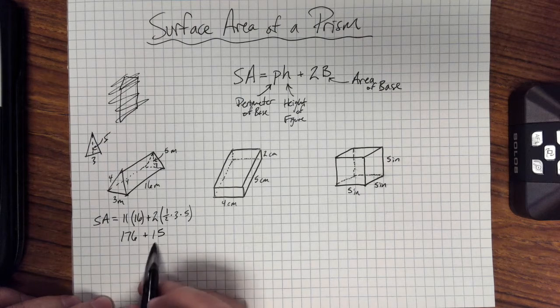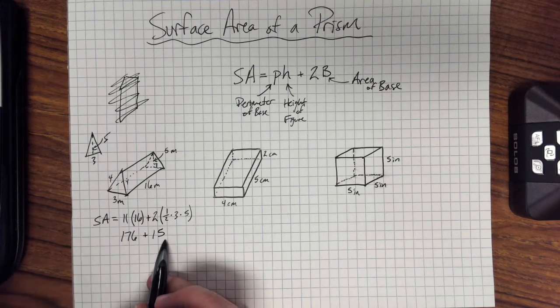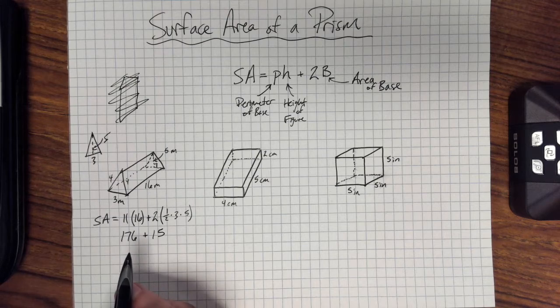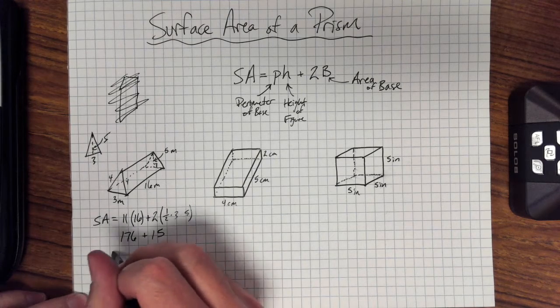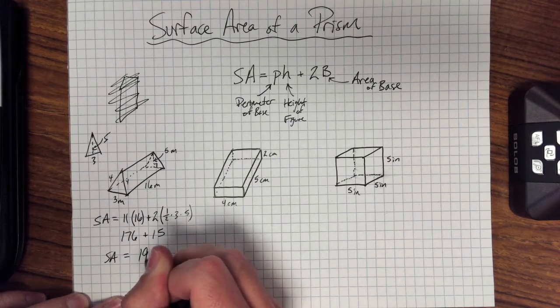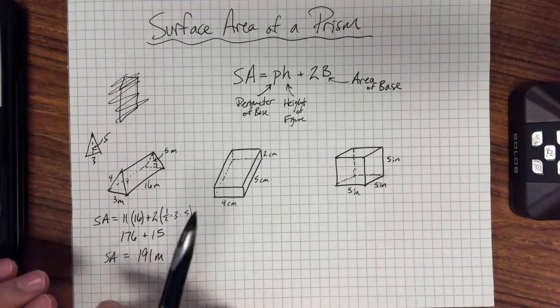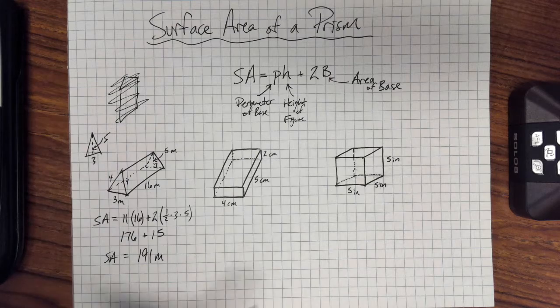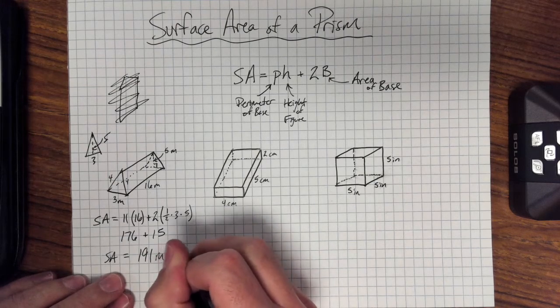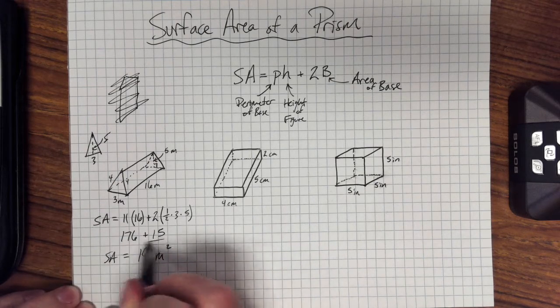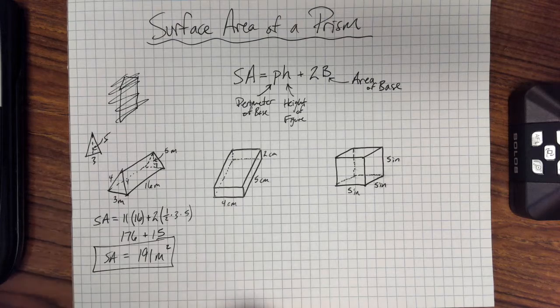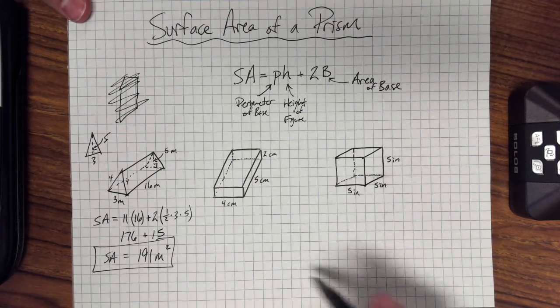Now, all you have to do now is add this up. So 176 plus 15 comes out to 191, and it's meters, but notice we're dealing with 2 dimensions for area, length and width, so it's going to be squared. So there is your answer for that triangular prism surface area.